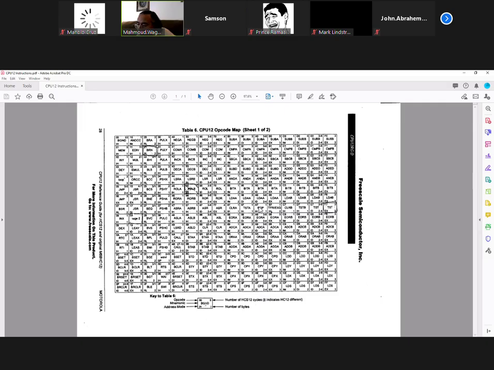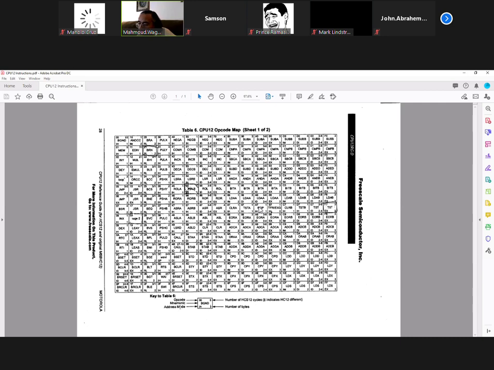See? And now, the top left number is the opcode. See? So the number that exists in this location is 00. That's the opcode. This is the mnemonic here in the middle. And this is the addressing mode.